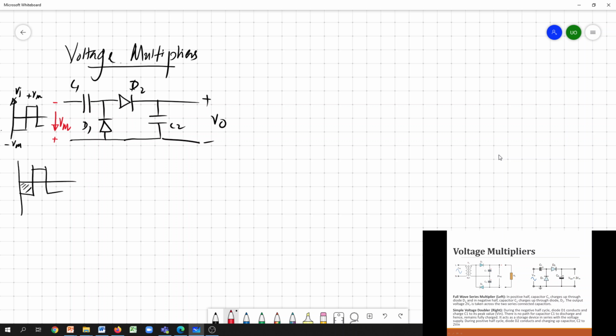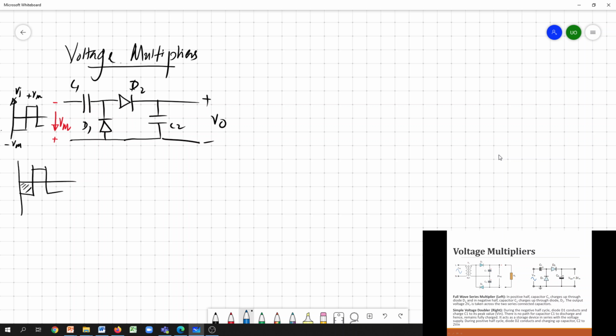These capacitors are at zero voltage, so no charging happens before we apply the input voltage. Then we can apply Kirchhoff's law.